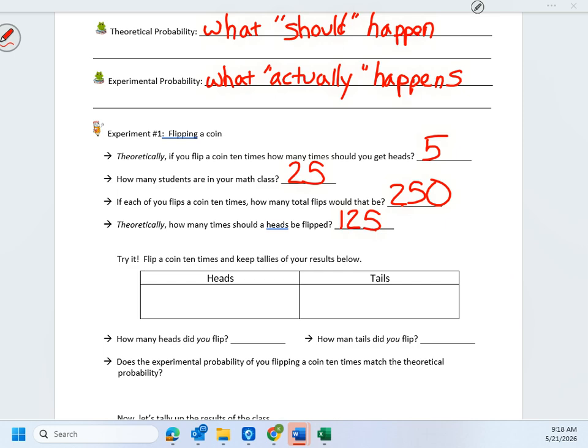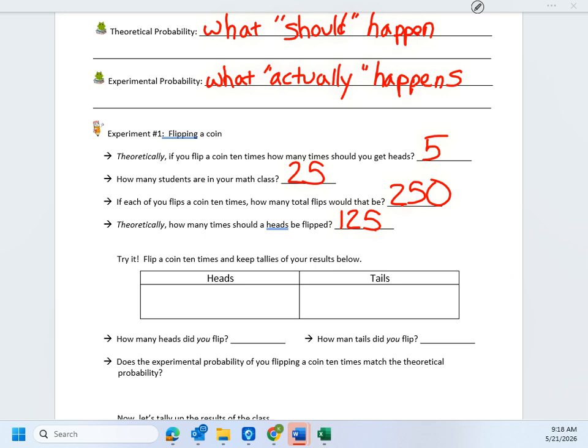We are going to do this experimentally now. We're going to each get a coin to flip 10 times. So you're going to get a coin. You're going to flip 10 times, and then we're going to record.